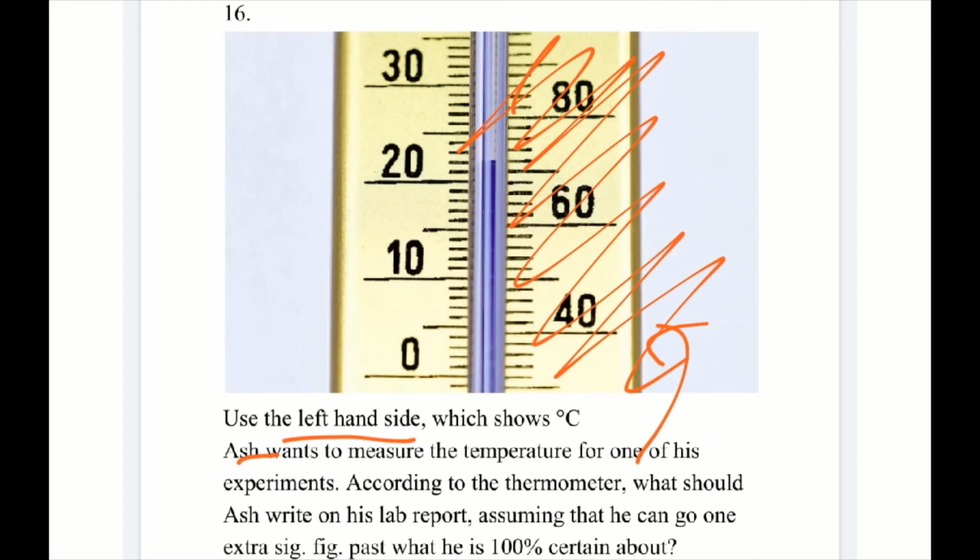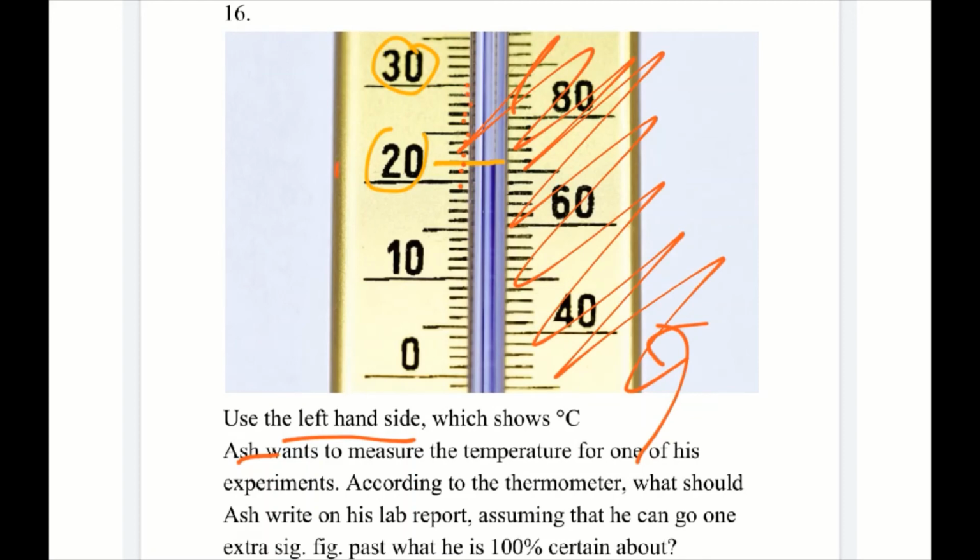So the thermometer reading will be right there, and it looks like it'll go about right there. So we have to figure out what that is. So that's 20 and that's 30, and it looks like there are a total of 10 tick marks, because if you think about it, if that's 20, then that's 21, 22, 23, 24, 25, 26, 27, 28, 29, and 30.